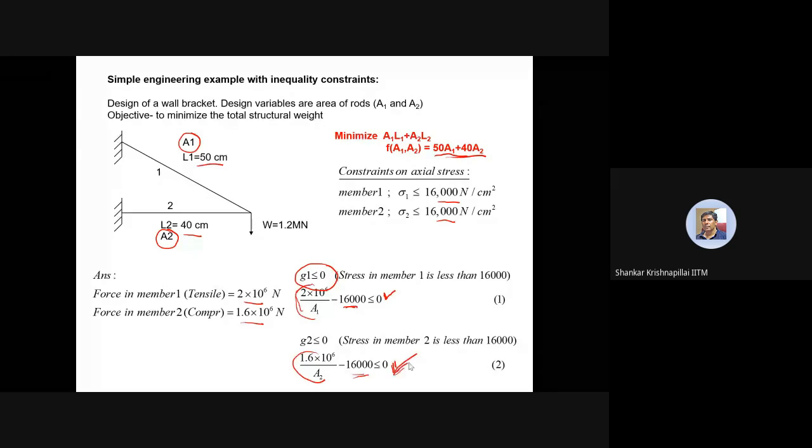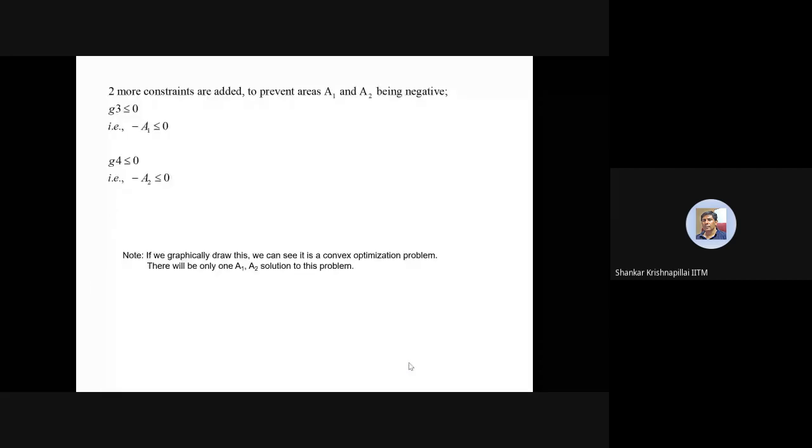Okay, then 2 more constraints are added to prevent areas A1 and A2 from being negative, because you are minimizing 50A1 plus 40A2. If negative areas are allowed, then it will give A1 and A2 as minus infinity, because that is the lowest value possible if negative values are allowed.